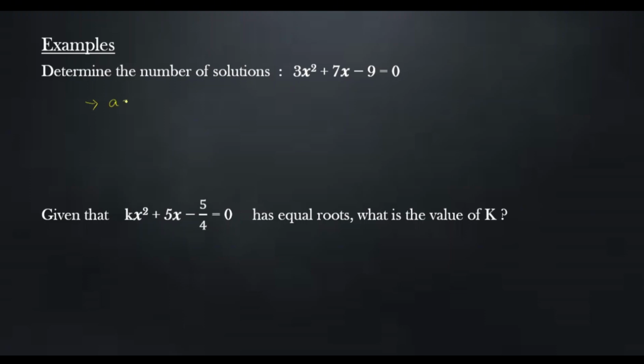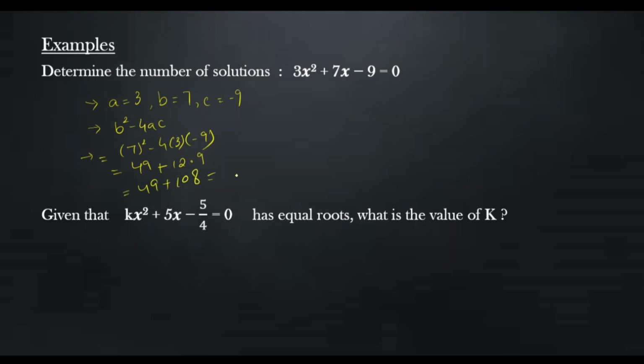identify the numbers. a is 3, b is 7, c is minus 9. Next we will put the formula and substitute the values, which will be 7 square minus 4a and c. 7 times 7, 49, minus into minus plus 12 into 9, which will give us 49 plus 108.